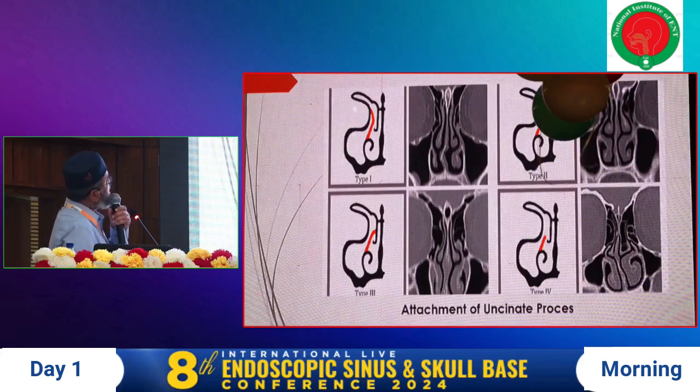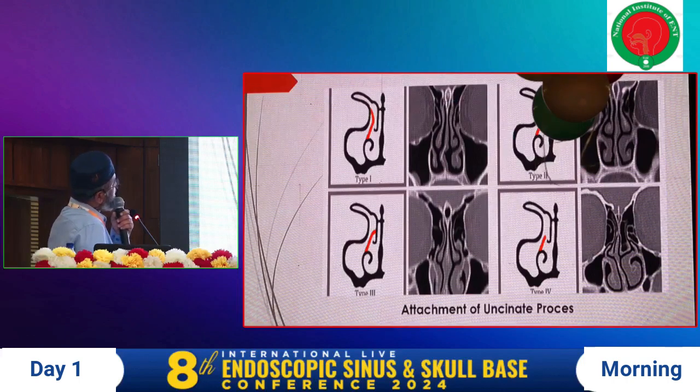That means the drainage of the frontal sinus lies medial to the uncinate process, and the sinus is situated anteriorly.